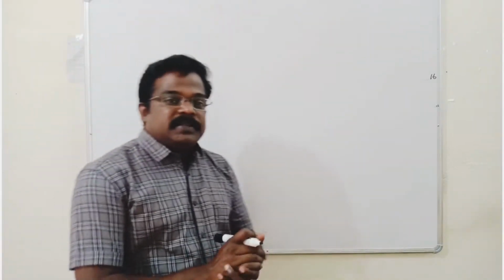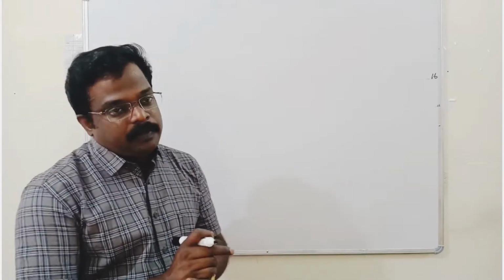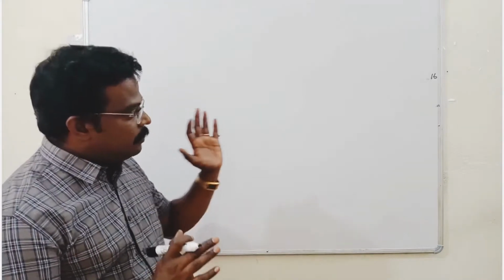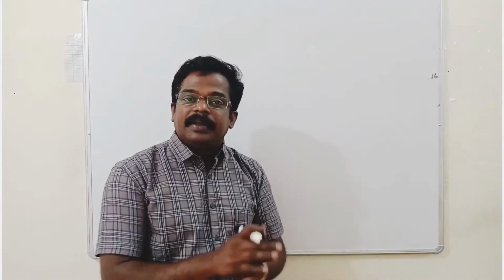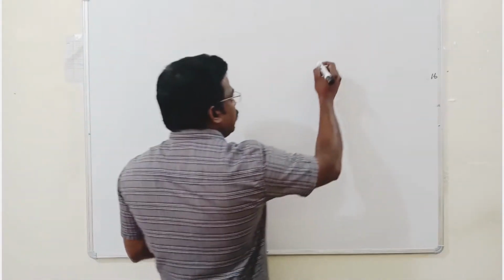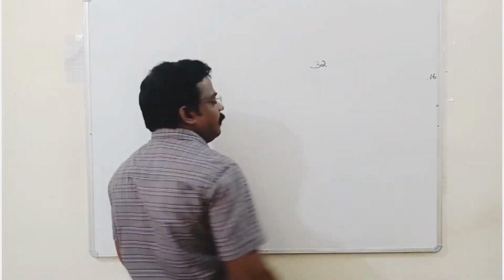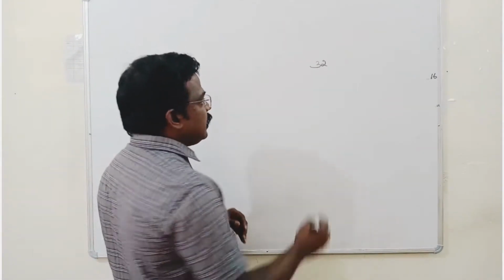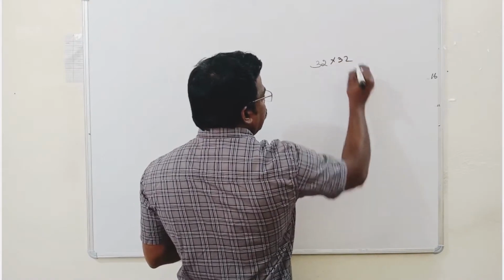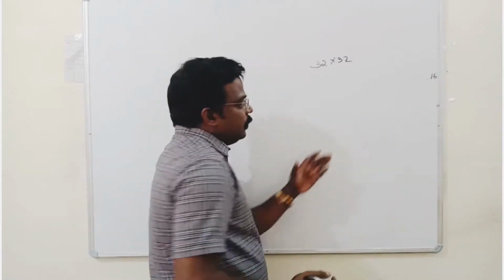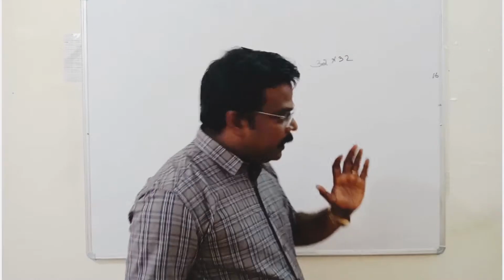Okay, now let us see how we can find the square of a number. We know that when a number is multiplied by itself, we get its square. So here 32: what is the square of 32? 32 into 32. We have to multiply 32 and 32, and you will get the answer.